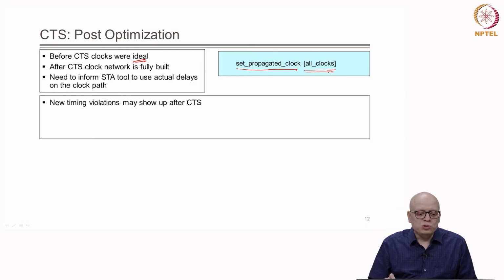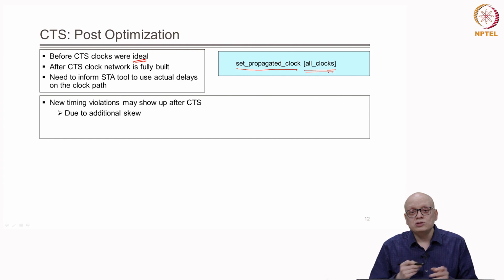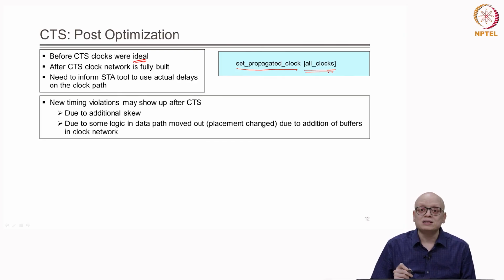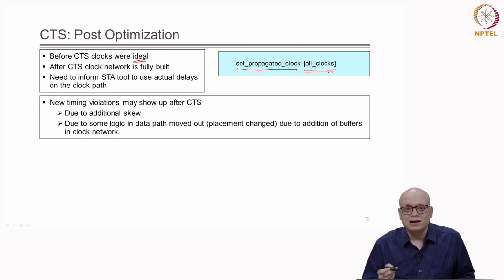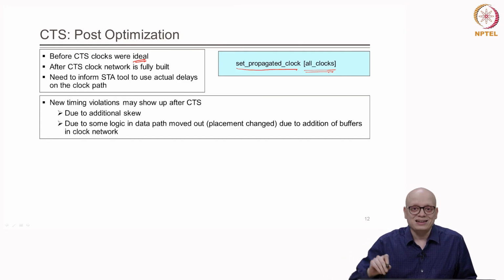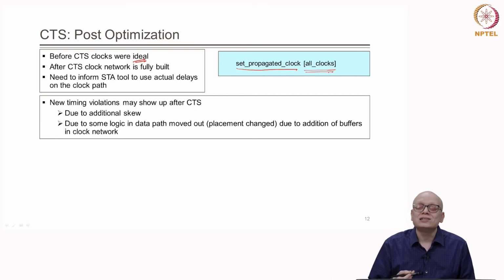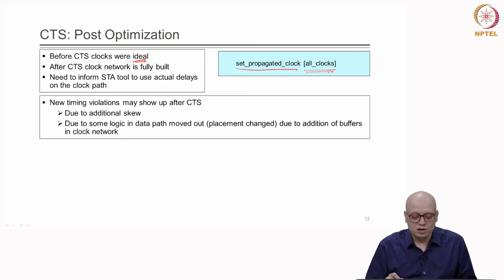Now, new timing violations may show up after CTS, and we need to fix them. Why can these new timing violations come? Because of the additional skew that we will see now because of the realistic clock network, and also because some logic components on the data path might be displaced to make space for the clock buffers and the structures needed for the clock tree.